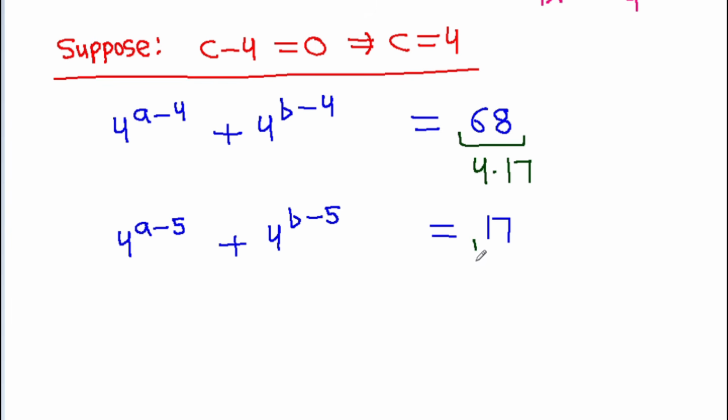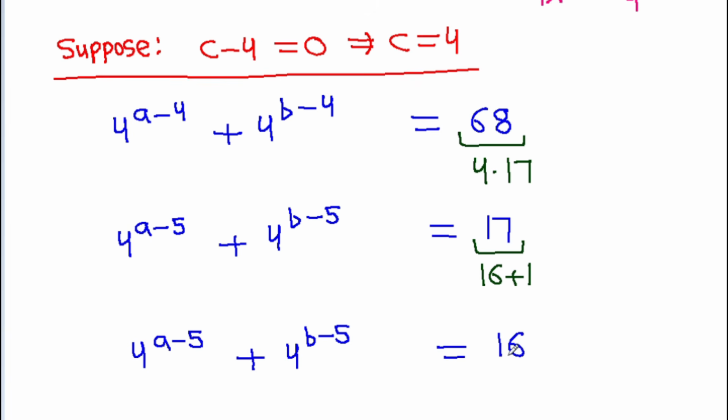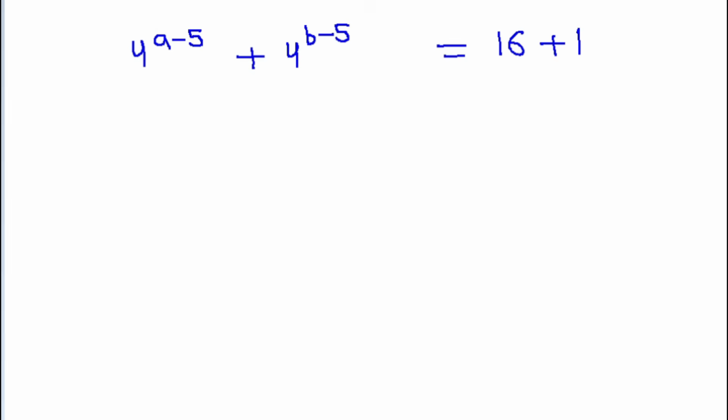And 17 is 16 plus 1. 4^(a-5) + 4^(b-5) is 16 plus 1. And again 16 is a multiple of 4 and 1 is 4^0.